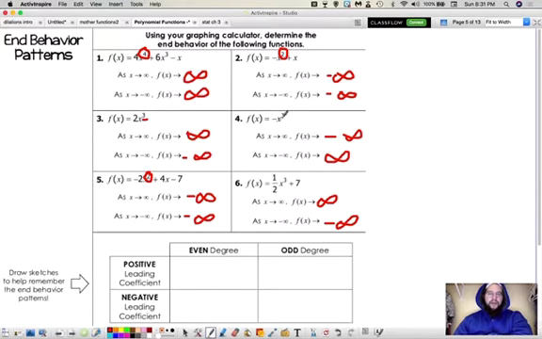So the parity of your function determines whether it's going to be the same direction or opposite. Now, if you think about your basic mother functions, x squared, it's like that. But if you have a negative out front, a negative leading coefficient, that's going to reflect it over the x-axis.